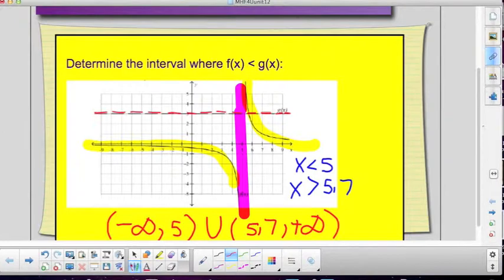So we can translate this answer, and what I wrote in red means the same thing. However, up to this point, we've never dealt with writing the negative infinity and positive infinity per se. So that has been confusing some people in the unit guide. So just so you are aware of that.